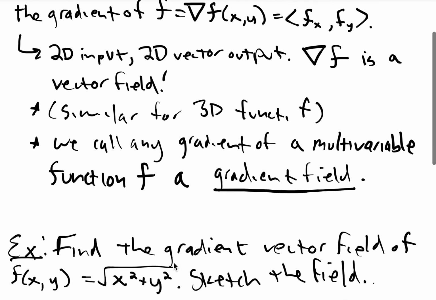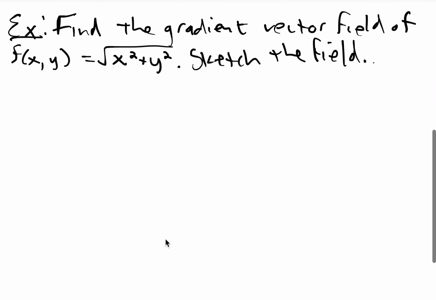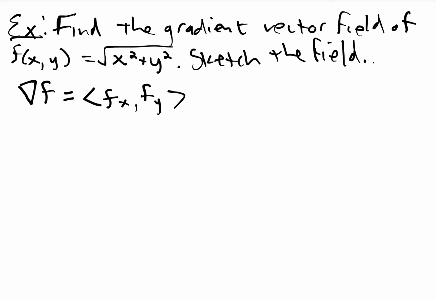Now, just as an example here, let's see if we can find the gradient field for this function and also sketch it, okay? Now, again, if I want the gradient vector field, all I'm asking for is, what is the gradient? Well, my gradient is going to be the vector that contains the x partial and the y partial. There's no z partial because for this function there's no z.